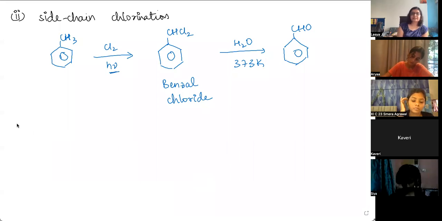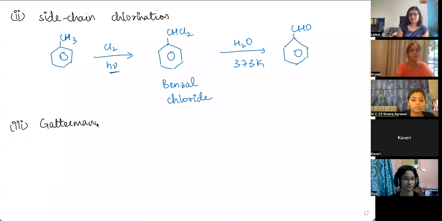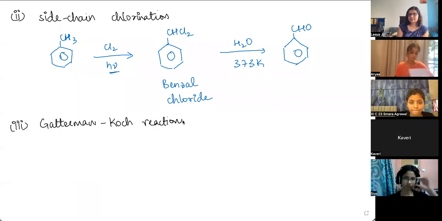Okay. Then the last one in aldehydes, this is a named reaction. So this is called Gattermann-Koch reaction. You gave this reaction in haloalkanes or something.